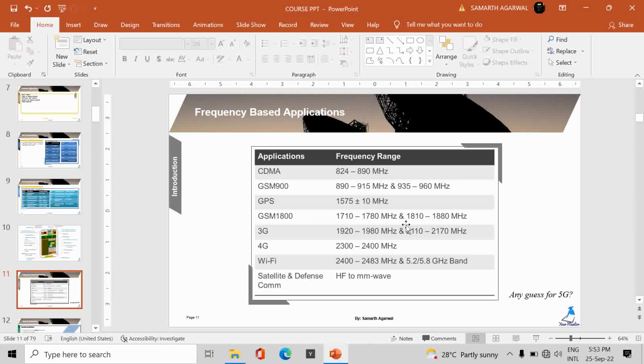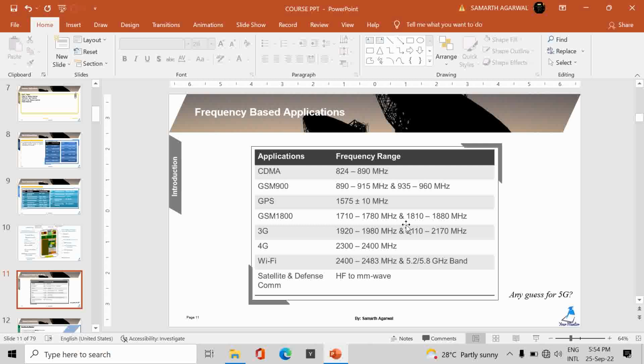Now sometimes a band gap, suppose 20 megahertz, is there in between, just to avoid overlapping and interference. Because if you remember from your graduate subject, signals and systems, if you are sampling and then truncating your signal, your spectrum will get spread.